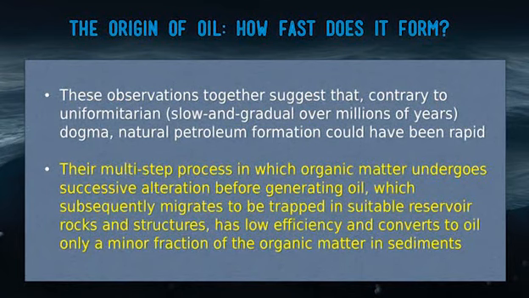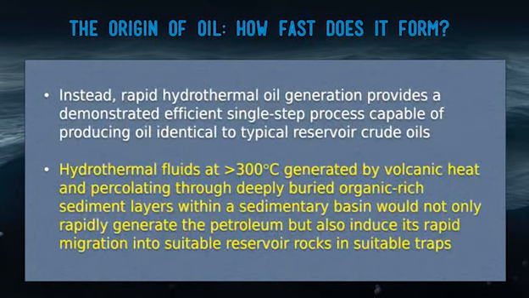Their multi-step process, that's the millions of years process, in which organic matter undergoes successive alteration before generating oil, which subsequently migrates to be trapped in suitable reservoir rocks and structures, has very low efficiency and converts to oil only a minor fraction of the organic matter in the sediments. But under rapid hydrothermal conditions, hot water conditions, oil generation rapidly provides a demonstrated efficient single-step process.